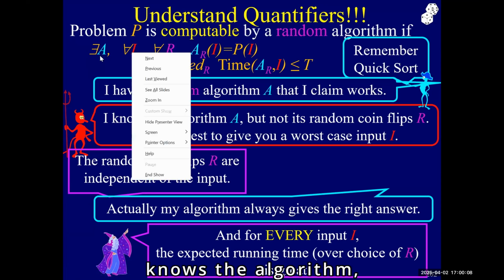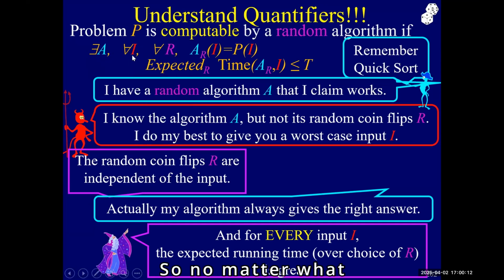The adversary knows the algorithm, but doesn't know the coin flips. So no matter what input the adversary comes up with, when you flip the coins, the expected running time will be small, because the expected number of collisions will be small, right?